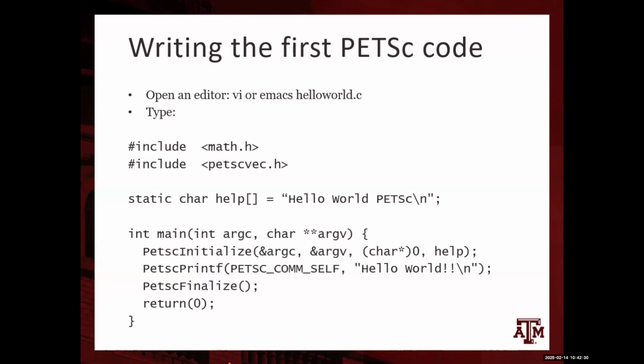It initializes PETSc, and then you can call other PETSc subroutines. For example, here we're calling PetscPrintf, and we print on each rank because we're using COMM_SELF. COMM_WORLD would only print on rank 0. And then we're just printing hello world.